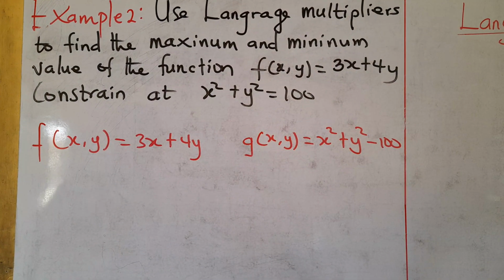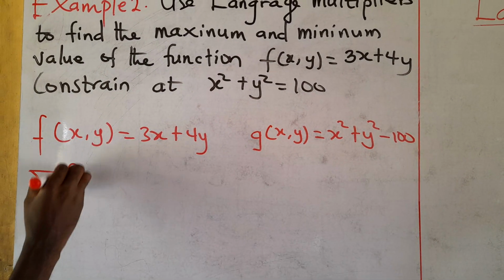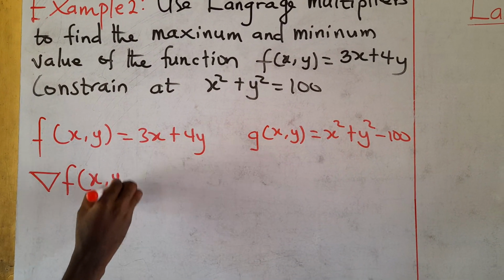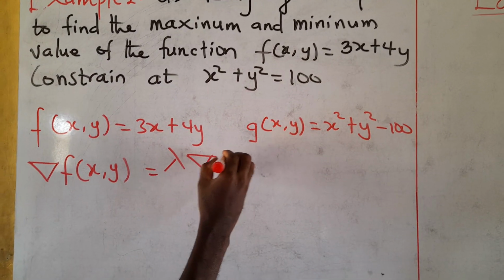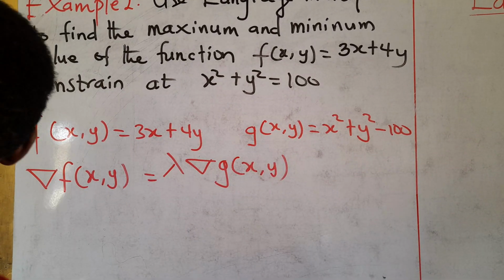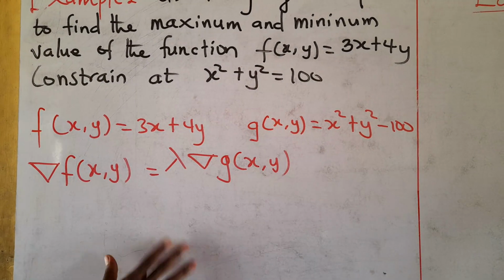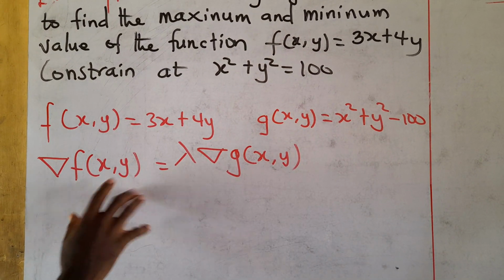So what do we have? Remember, from the optimization equation, the gradient of the function f of x, y will be equal to lambda times the gradient of the function g of x, y. In equating like this, remember this is just partial differentiation of this function with respect to x and y.